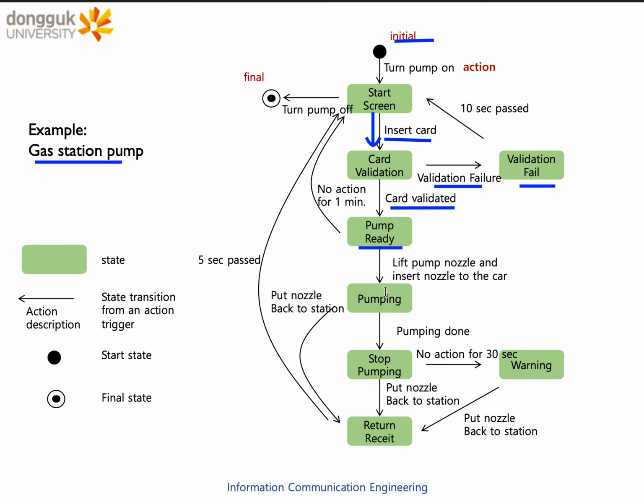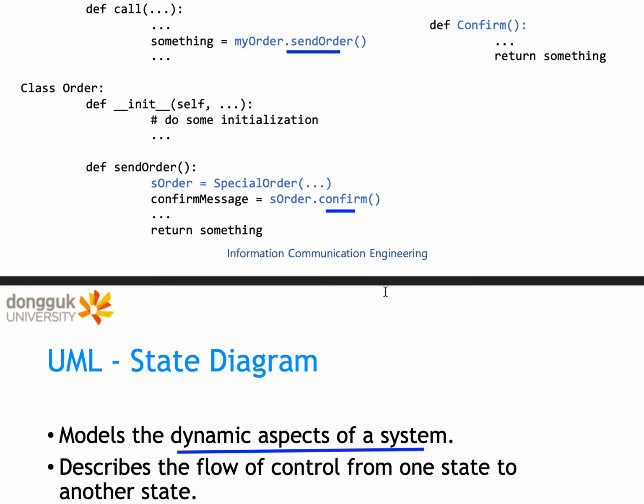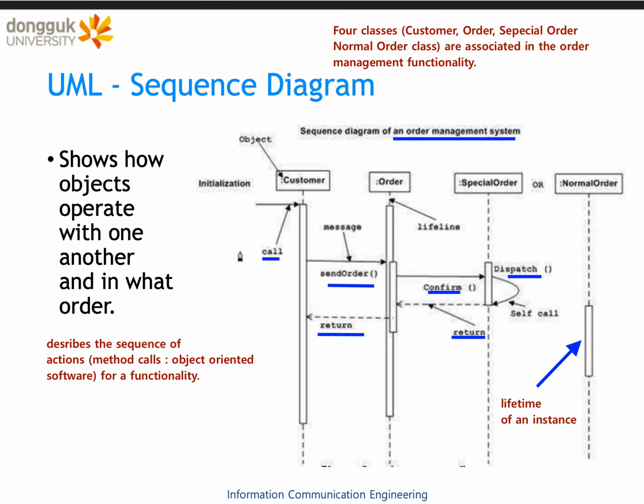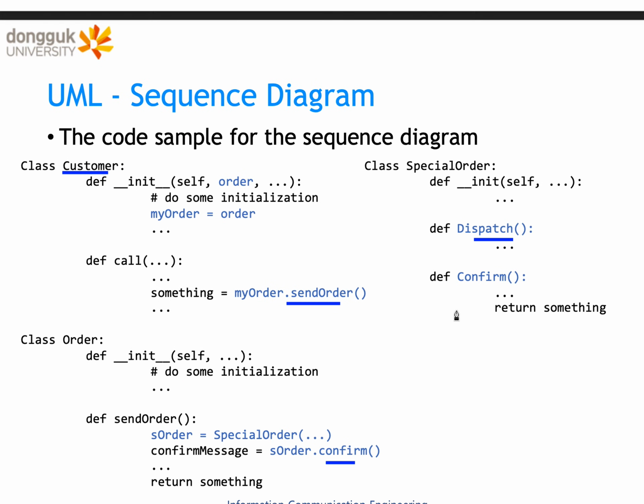Okay, so similarly with a sequence diagram. Once you have a sequence diagram, then you can start coding like this. Simply speaking, if you have a class diagram, then you can start coding with some classes and methods. The next step is to fill in the code, and then you can design your own logic.